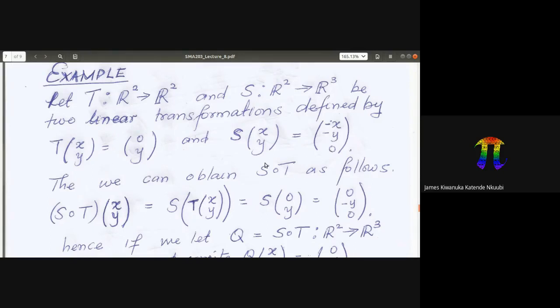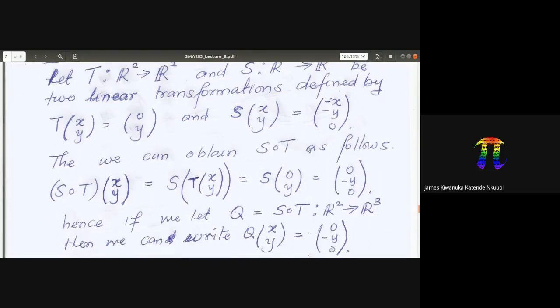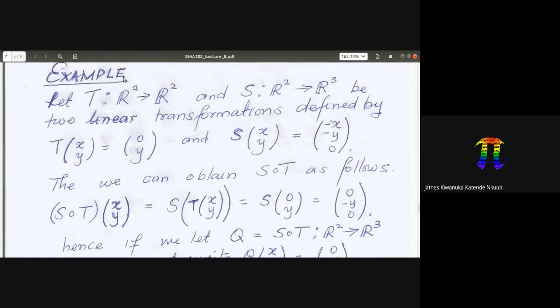So let's now obtain the composition of S of T. How it works is that T will act first. Since T is acting, it must act on a vector in R2. So T will act on this vector, (x, y).